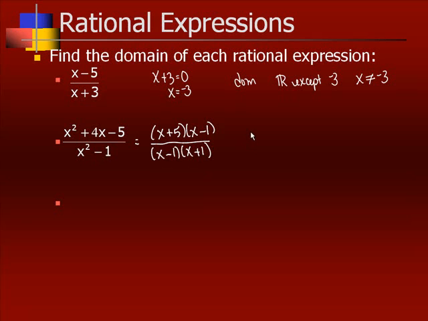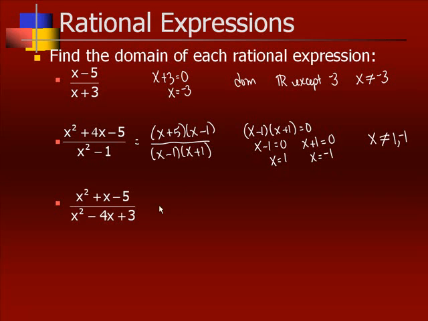What would make the denominator equal to 0? Well, if x minus 1 times x plus 1 is 0, which means x minus 1 is 0 or x plus 1 is 0, or x is 1 or x is negative 1. So the domain would be all x's except 1 and negative 1.